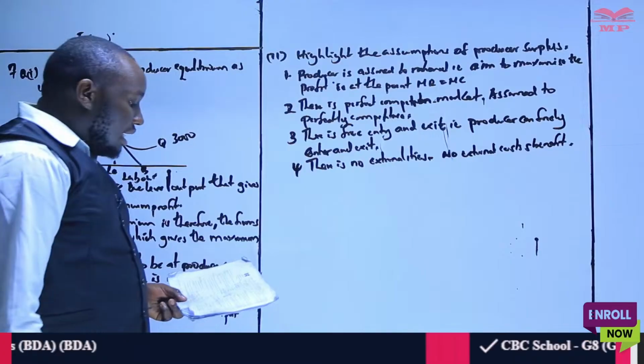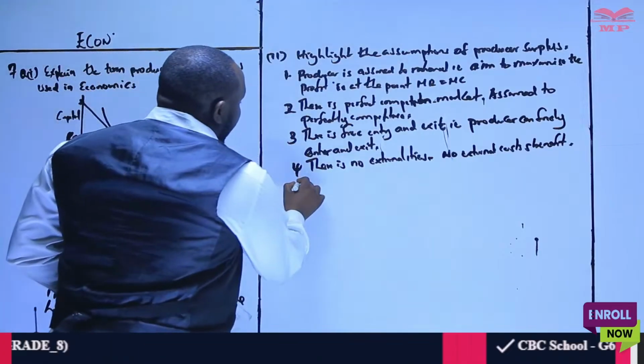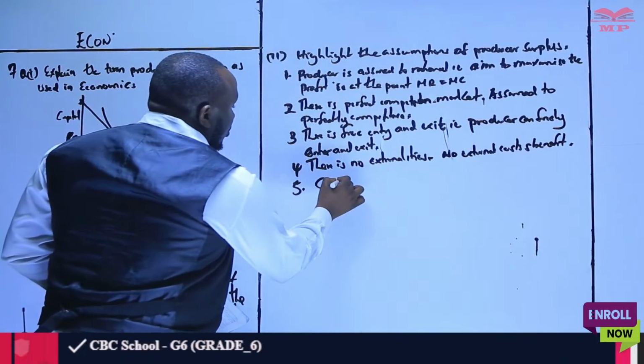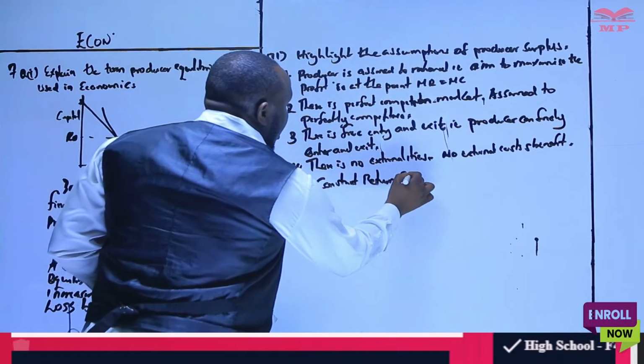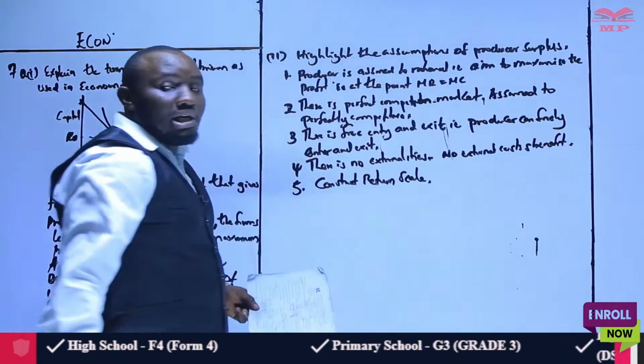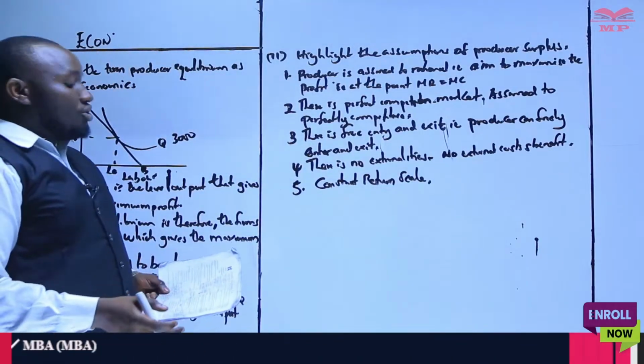And lastly, the fifth assumption, we say constant return to scale. What do you basically mean by constant return to scale?